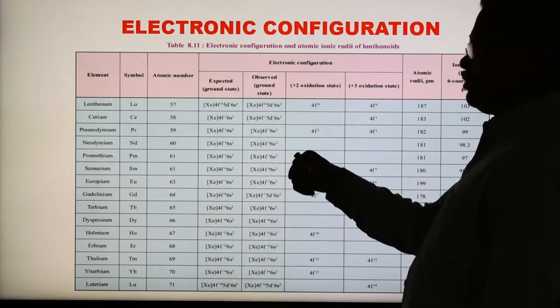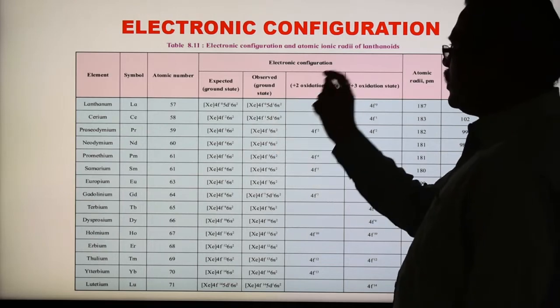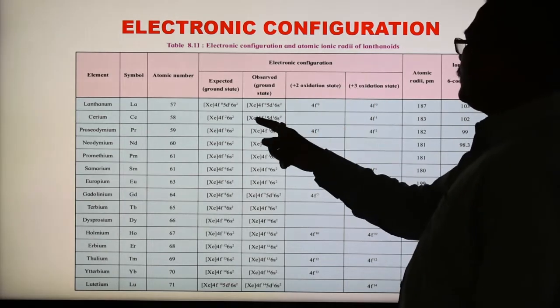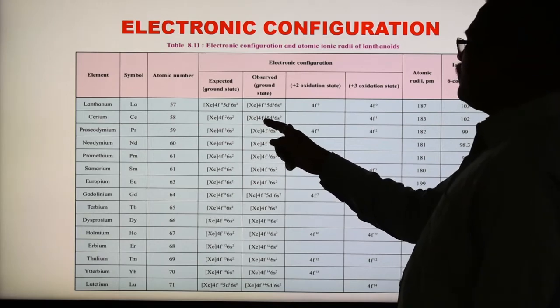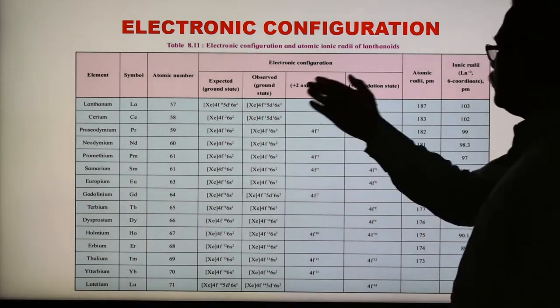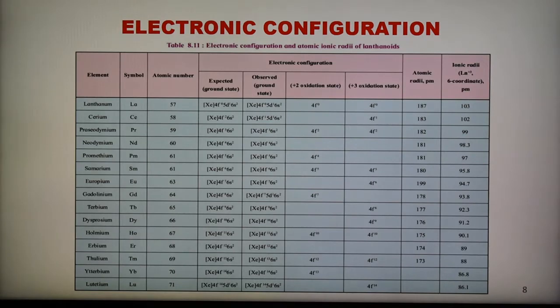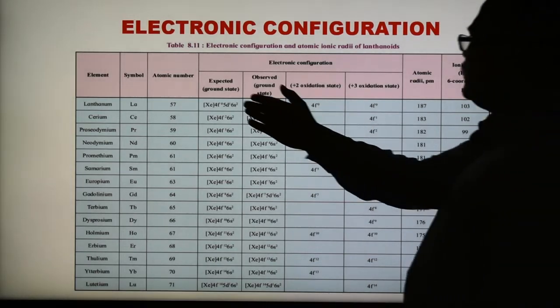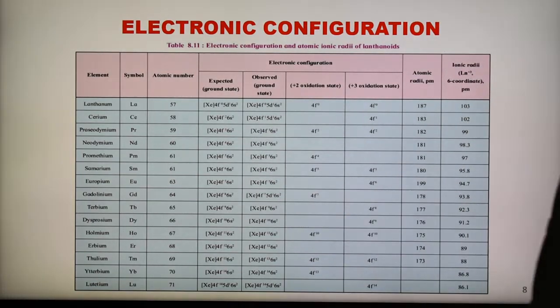So cerium is the first member where the last electron goes to the f orbital: 4f1, then 4f2, like that, up to 4f14. The maximum capacity is 14 electrons, because there are 7 f orbitals and each orbital can contain a maximum of 2 electrons, so 7 orbitals contain 14 electrons. Here you see the expected configuration and the observed configuration.